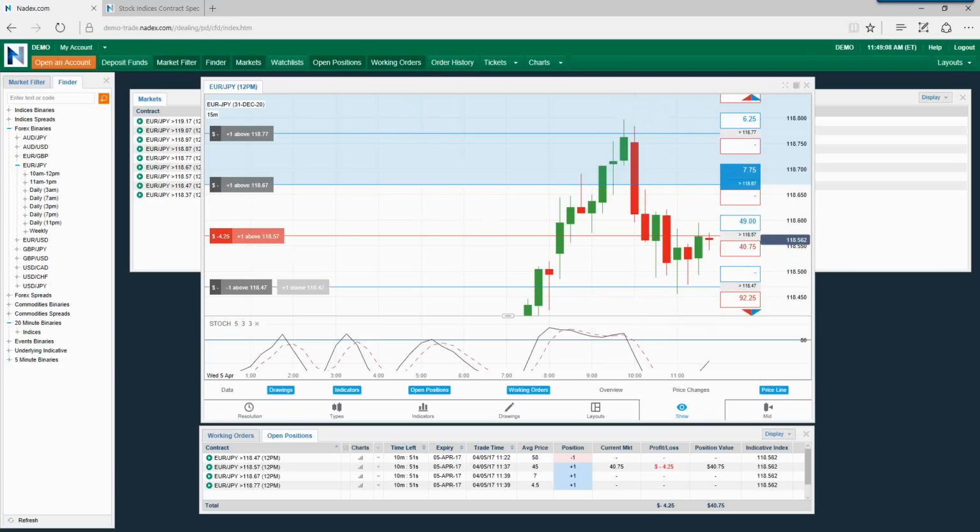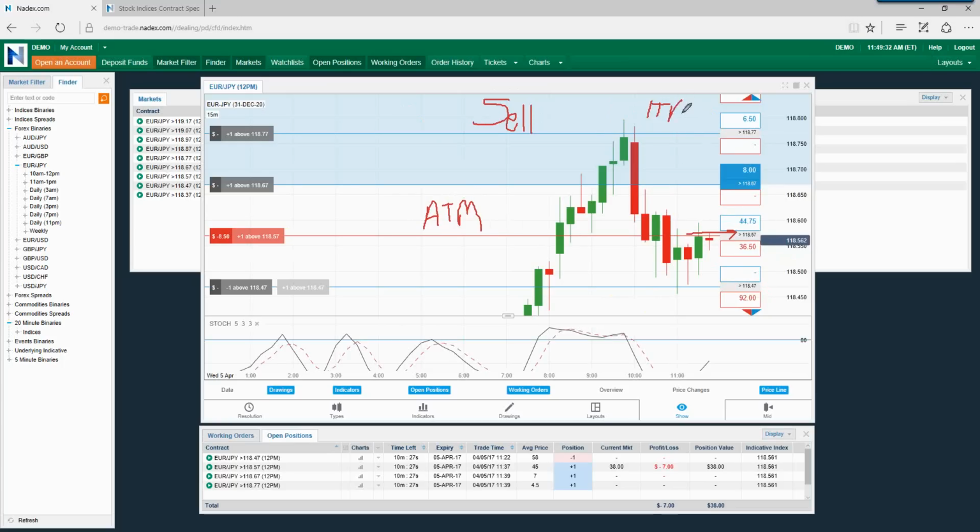Now we're going to go through them from a selling standpoint. Your at the money remains the same because this is where price is currently trading. Now, in the money is up here.